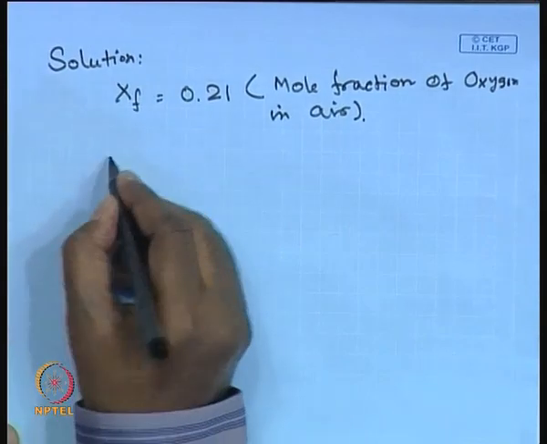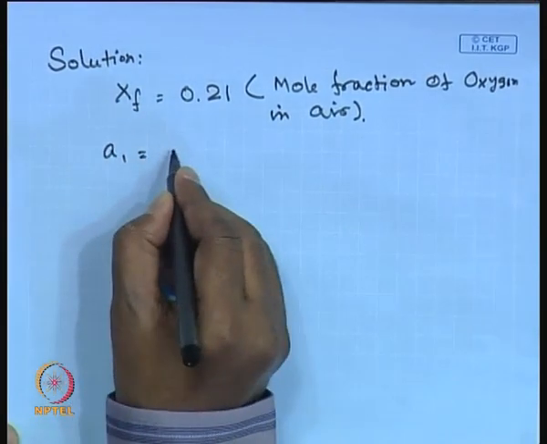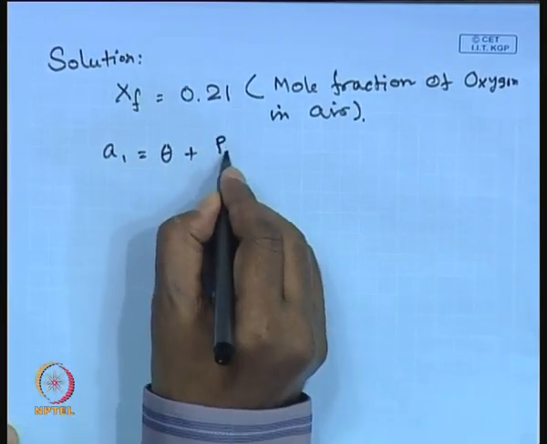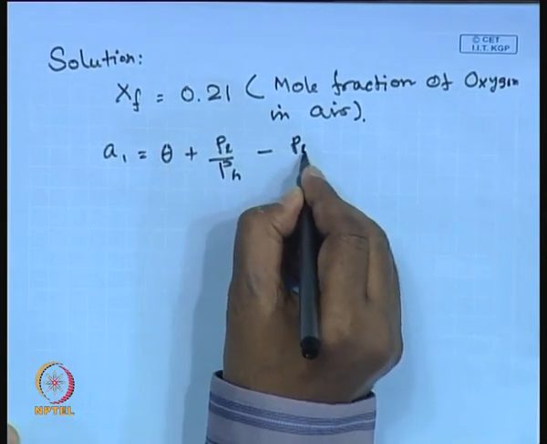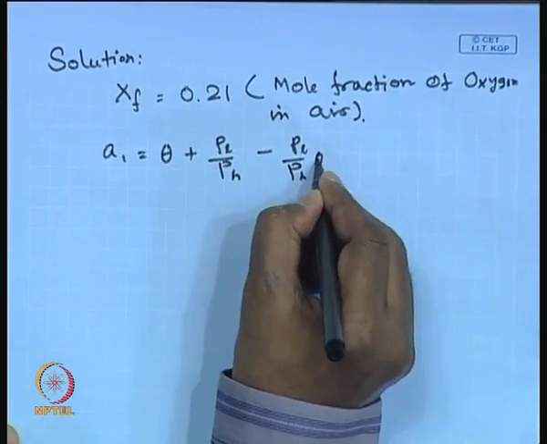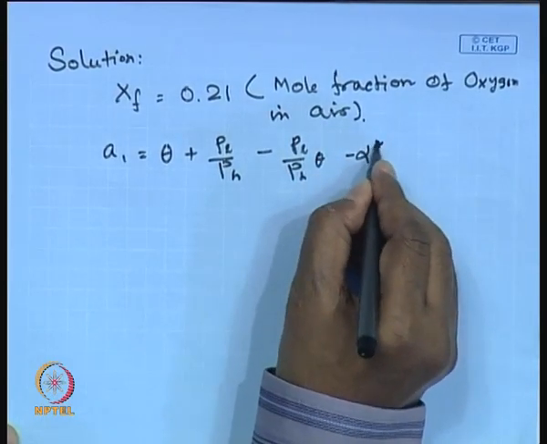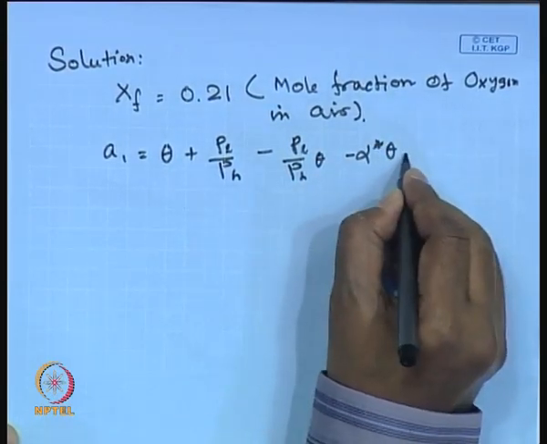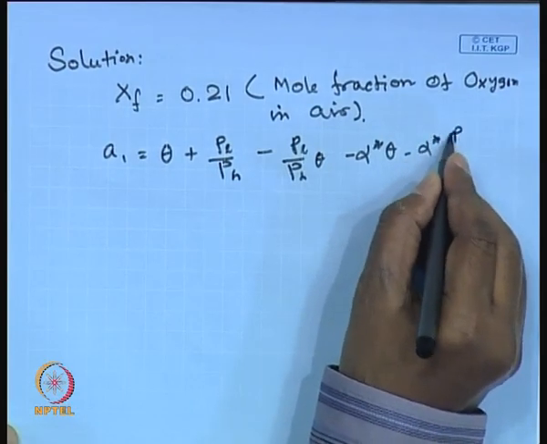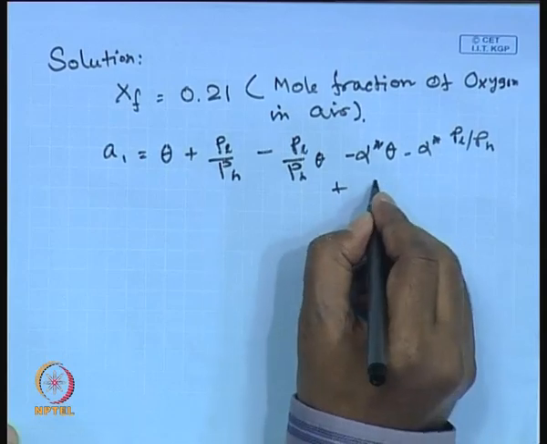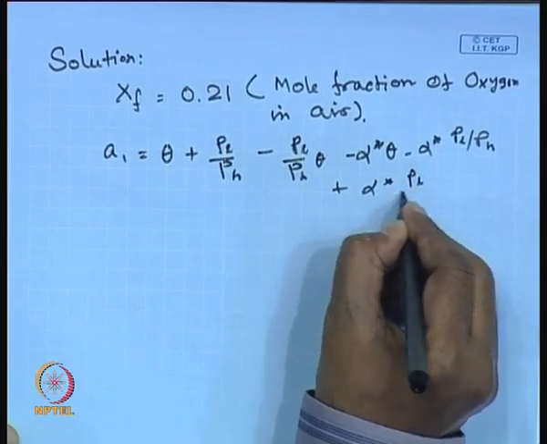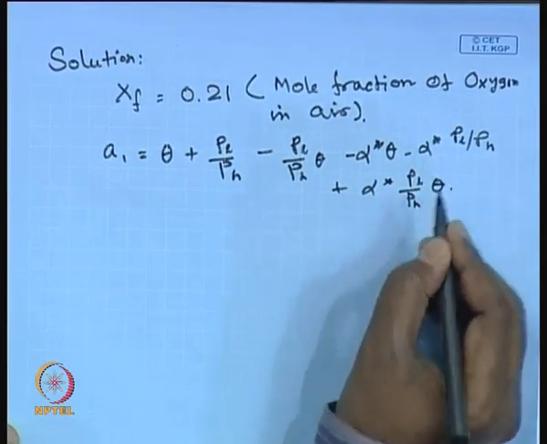Okay. So, A 1 is given as theta plus P L by P h minus P L by P h times theta minus alpha star theta minus alpha star P L over P h plus alpha star P L over P h times theta.